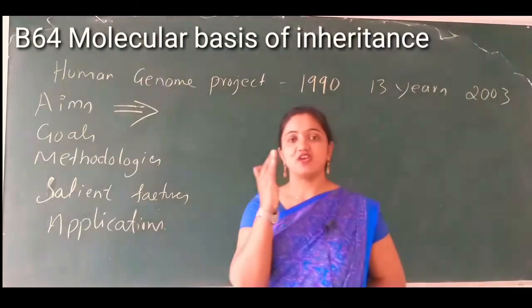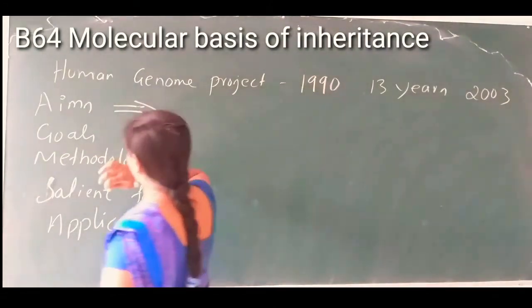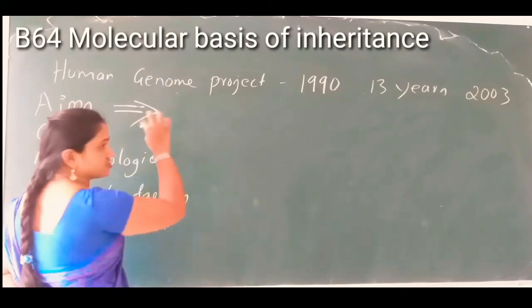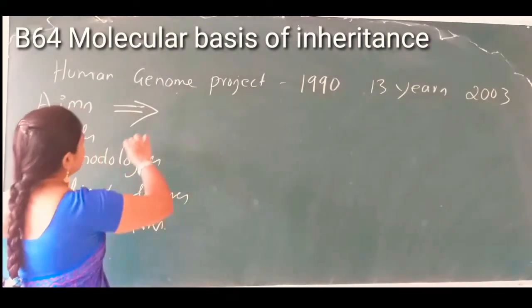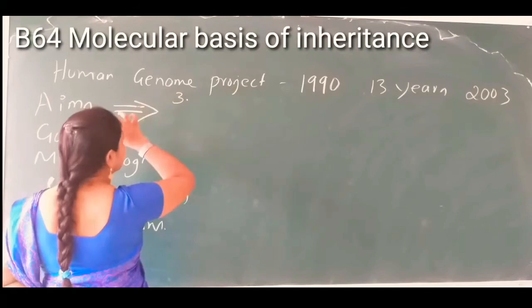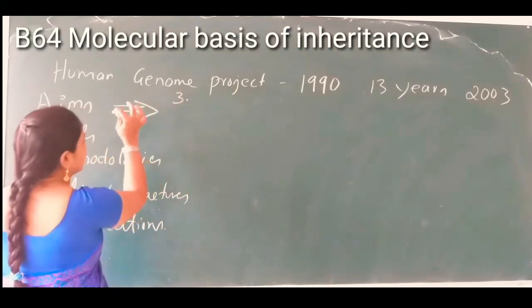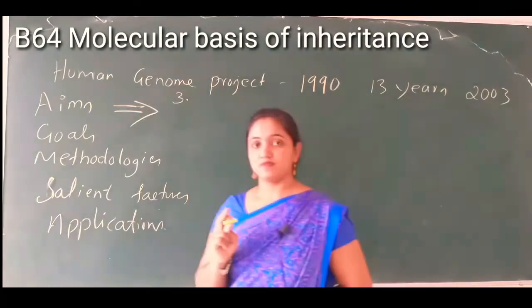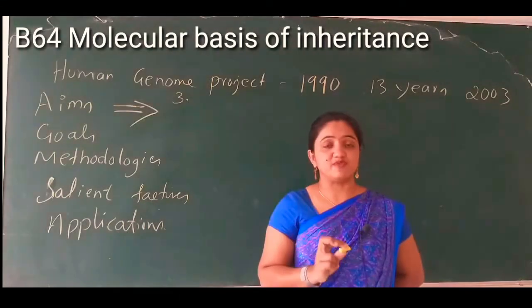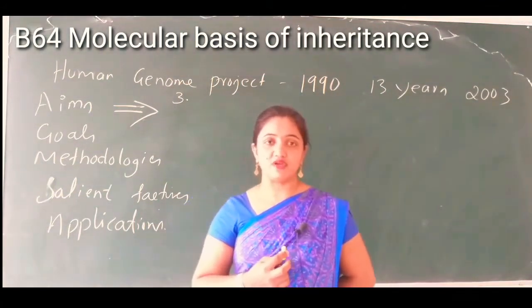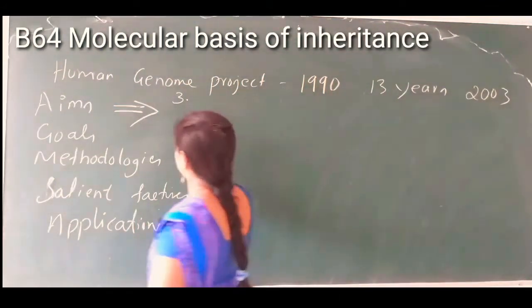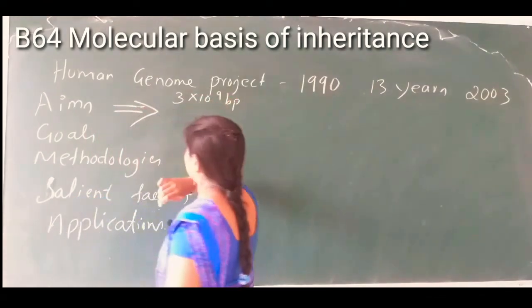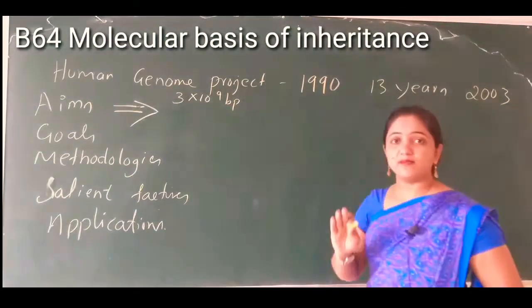All of those come under the aims. The aims were the estimations they put. The estimated base pairs present in the human body was 3 into 10 to the power of 9 base pairs. So this was the estimation they put.